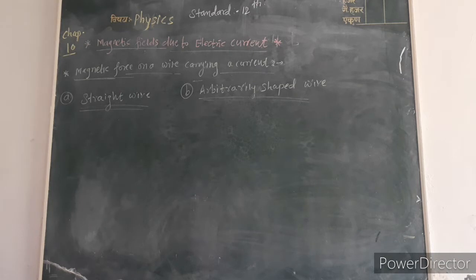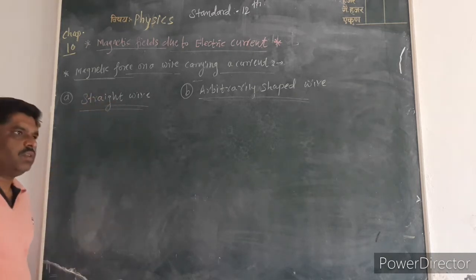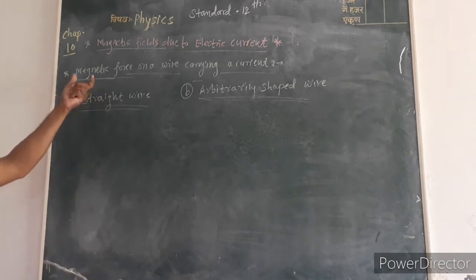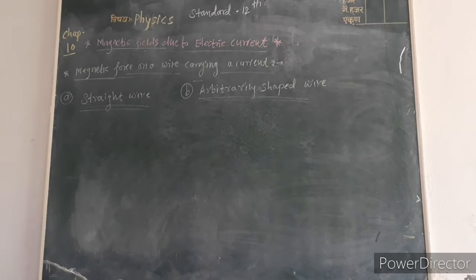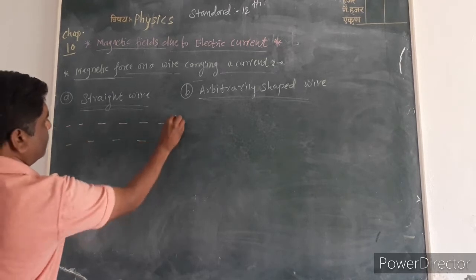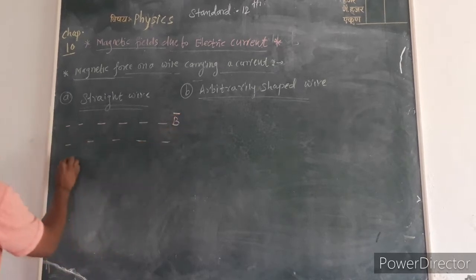Then, what is the magnetic force acting on this wire? Suppose we consider a uniform magnetic field B bar.